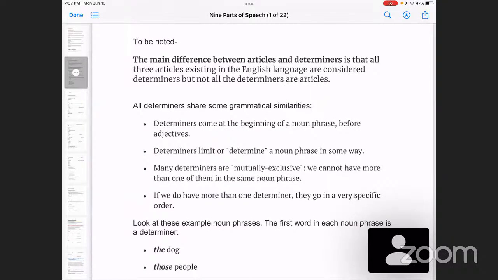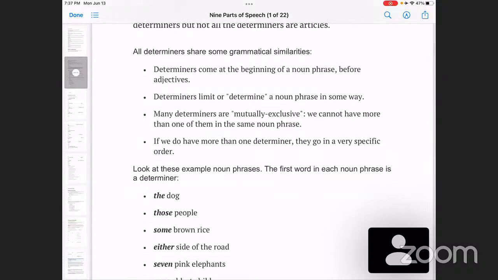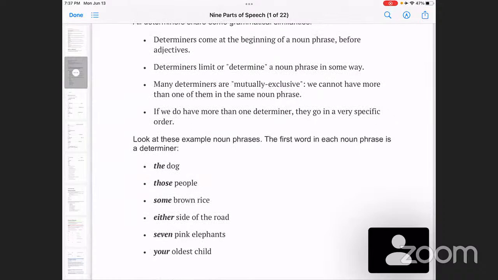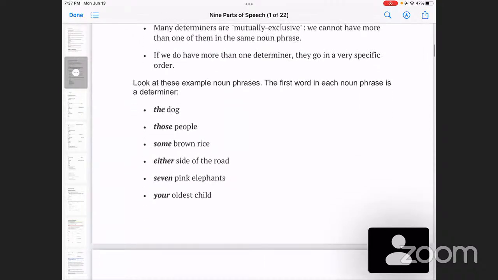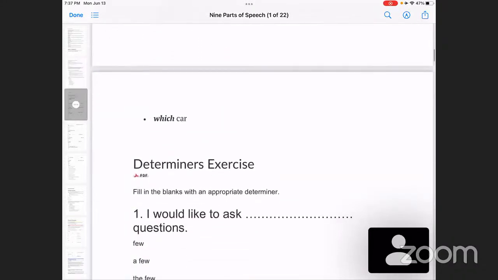If we do have more than one determiner, they go in a very specific order. Look at these examples of noun phrases. The first word in each noun phrase is a determiner. So, the dog, those people, some brown rice, either side of the road, 7 pink elephants, your oldest child. Which car?